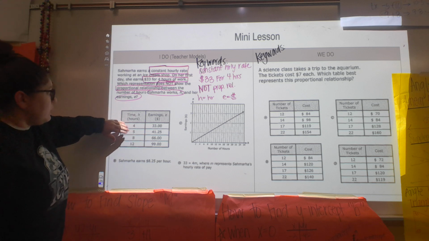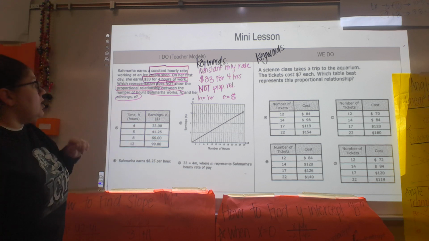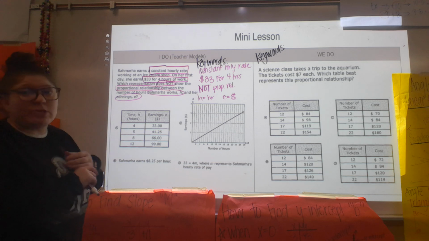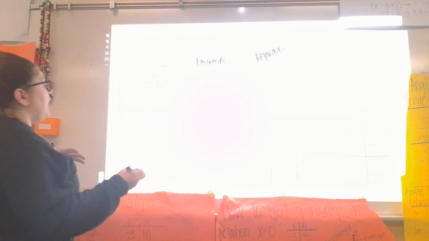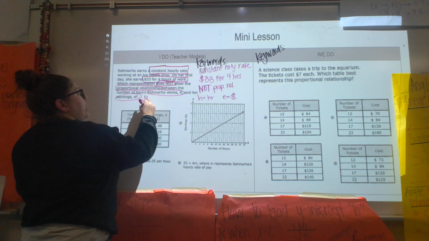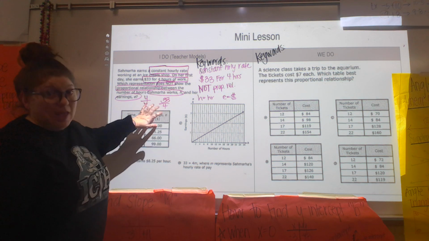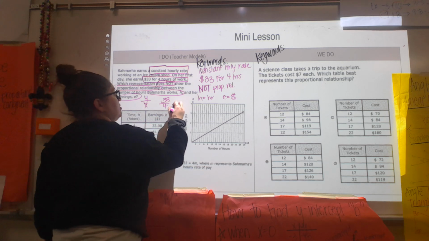So right here, I have 4 hours equal 33. We want to make sure that we have the correct pattern. So we're going to do our y over x, so 33 over 4. Remember, that represents a division problem.